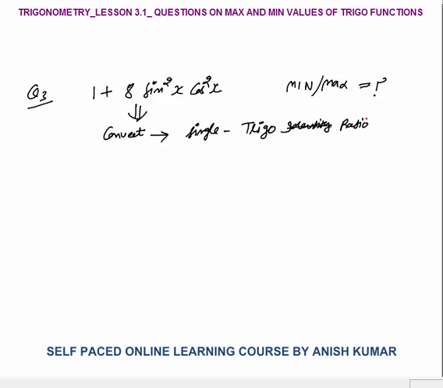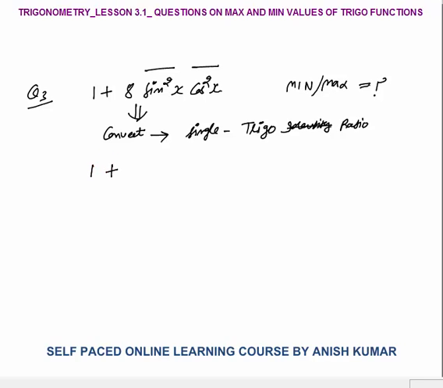It means that you have to convert this into a sine or a cos or any single trigo ratio. Now here there are two ratios, sine is there, cos is there. Now you have to convert into 1. So then only you will be able to calculate the maximum and minimum value easily.